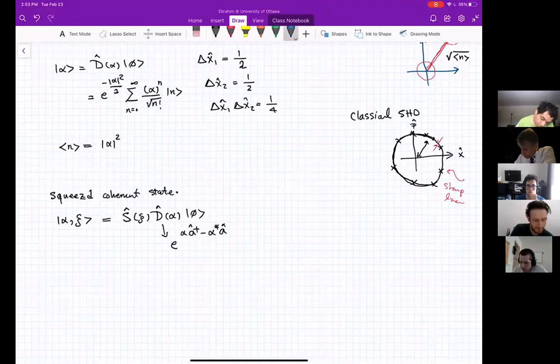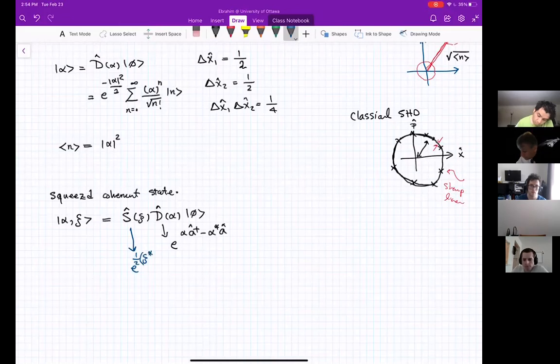Squeeze operator instead was not a linear, but was a quadrature one, which was exponential of, I think the first term was A. It was, if I remember, yes, zeta star A operator power of 2 minus zeta A dagger power of 2, divided by 2. Okay. All right.